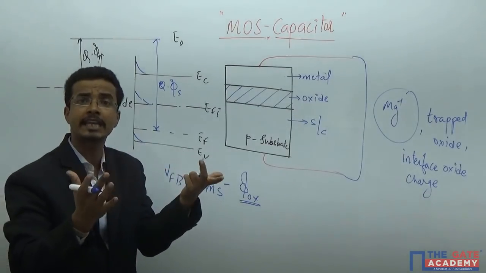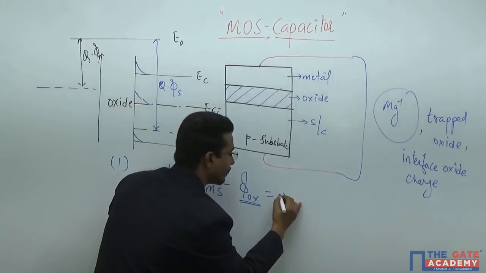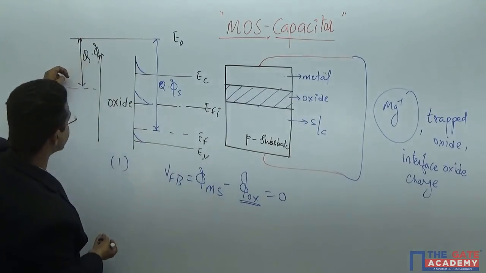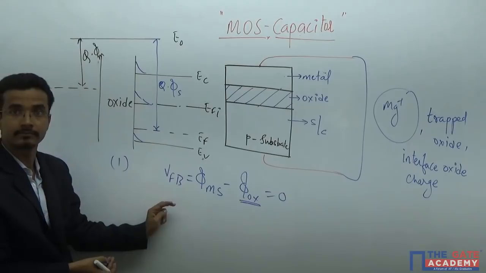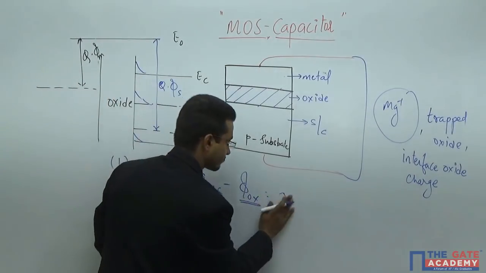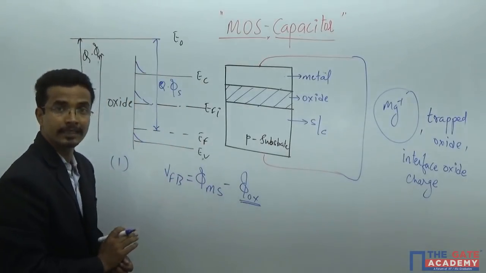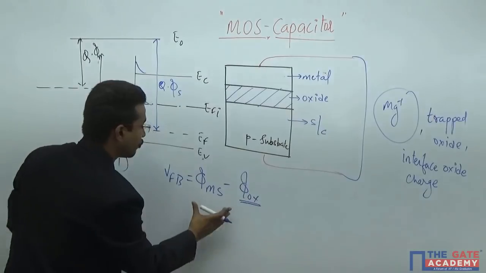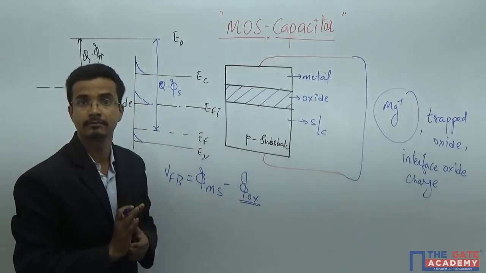Okay, in the ideal case, what will happen? This VFB will be 0, because you will neglect this oxide charge, as well as the work function difference between the metal and semiconductor. But if it is not ideal, you will take care of this. That means before starting the behavior of this, you have to add this voltage externally.